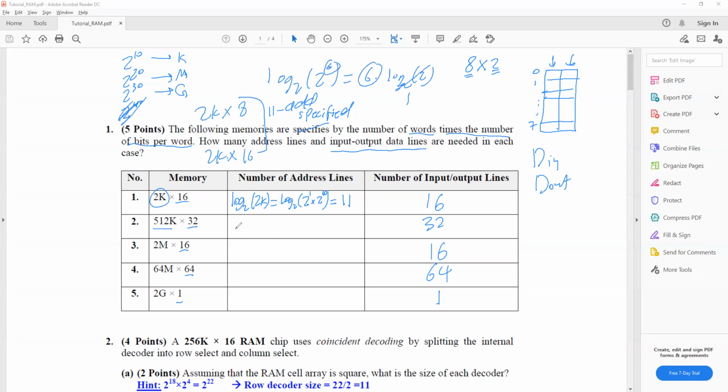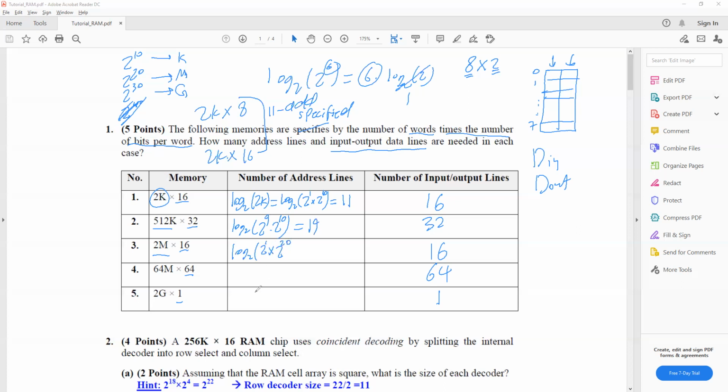طيب, let's do 512K. That's log 2 of 2 to the 9, which is 512, multiplied by 2 to the 10. So we need 19 address lines. 2 mega, log 2 of 2 multiplied by 2 to the 20.